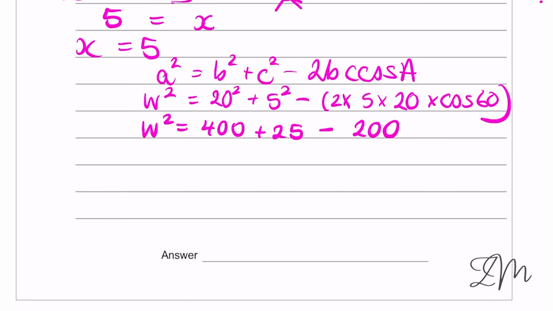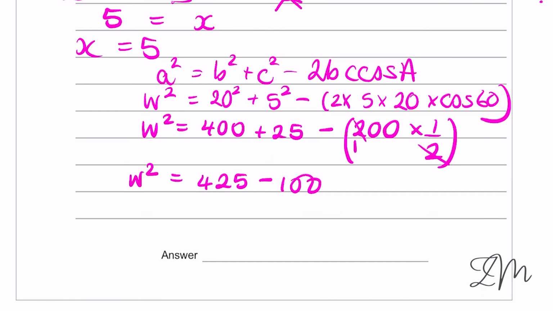Cos 60, if we have a look at here, we've got our adjacent over hypotenuse, which is a half, and that's all together. So we get 425 minus 100. So W squared equals 325.